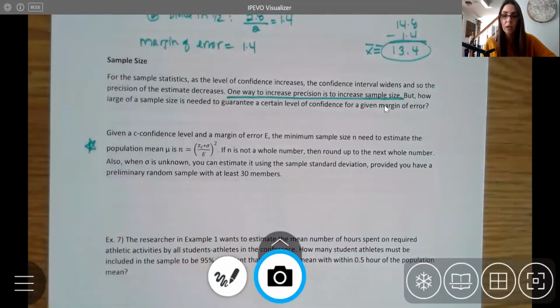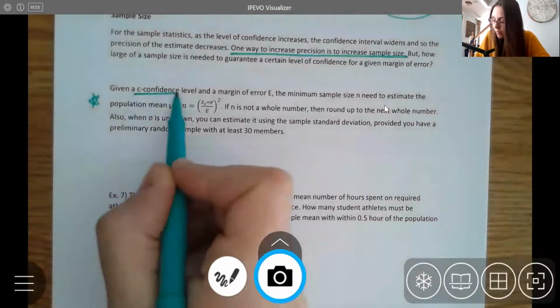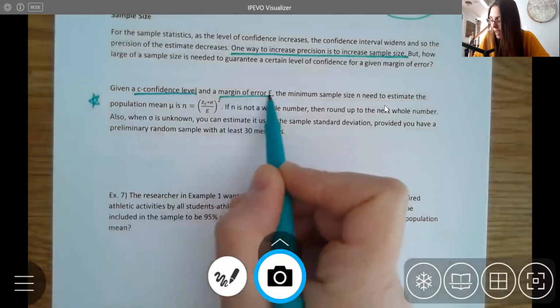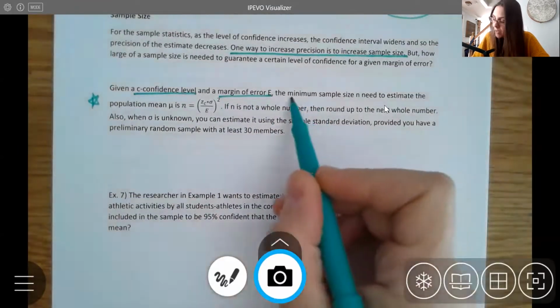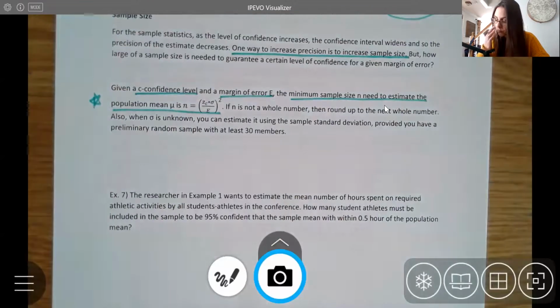We do have a formula that tells us how much data we need to have for our sample so that it's actually valid as well. So you need both of those things when you're doing your confidence intervals. Again, you're choosing your confidence level, and we would then have our margin of error. The minimum sample size needed to estimate the population mean is given by this formula here.